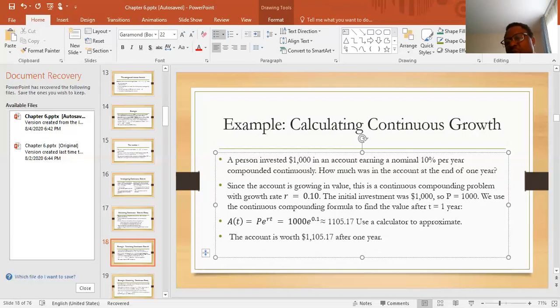The initial investment was 1,000, so P equals 1,000. We use the continuous compounding formula to find the amount after 1 year. So A of t equals P e^(rt), which is 1,000 e^(0.1), with t equals 1. Using a calculator, we will get 1,105.17.